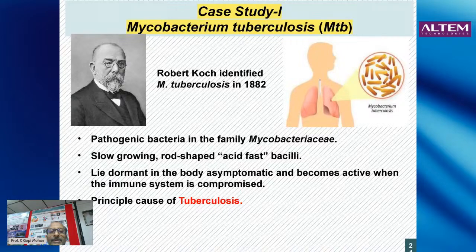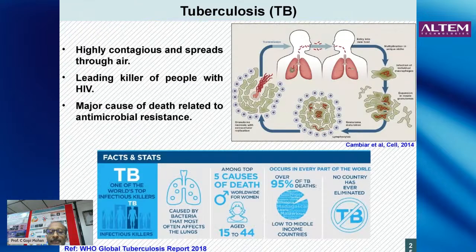Robert Koch found this particular organism in 1882, and it is highly contagious and spreads through the air also. So it's very dangerous. How can one control it, because nowadays antimicrobial resistance is playing a very crucial role.